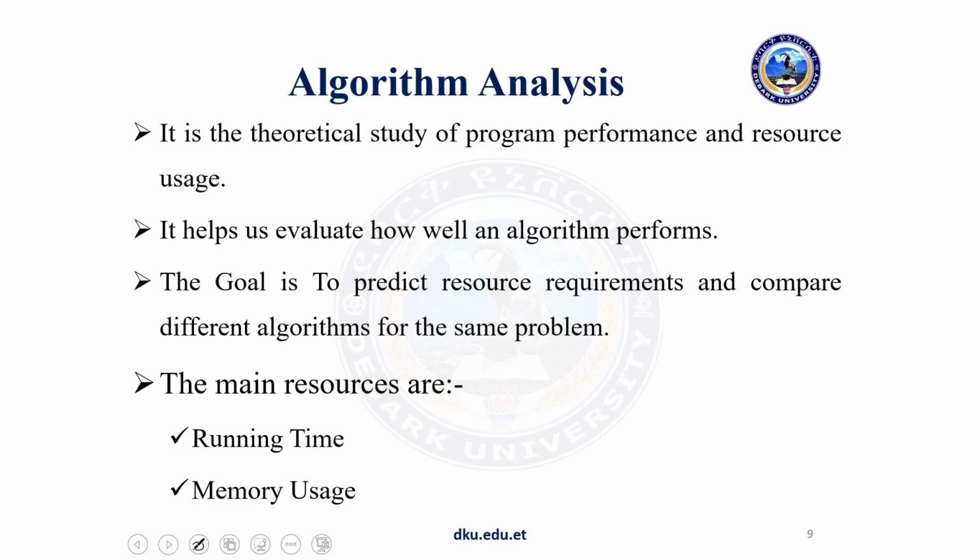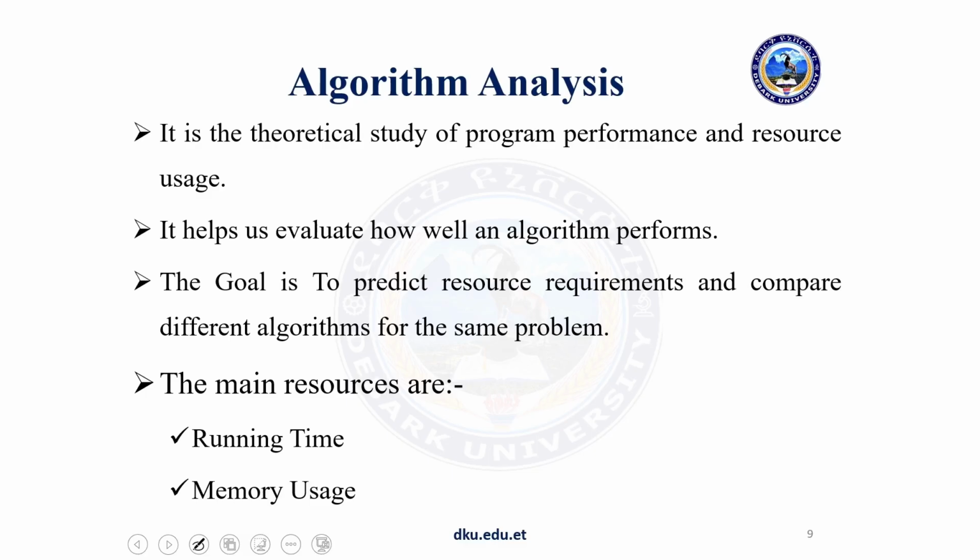The other term is about algorithm analysis. So we know what algorithm means. We should analyze the algorithm to get a better result. So algorithm analysis is a theoretical study of program performance and resource usage.